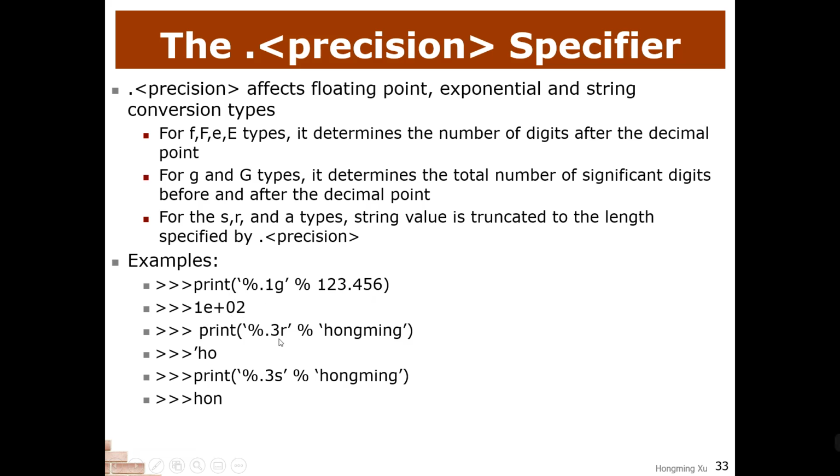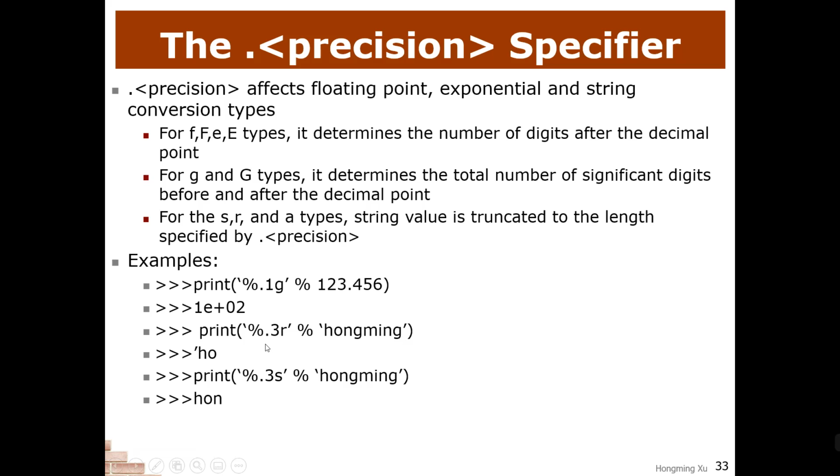And for these two, we want to display strings by using the precision specifier. Basically, R and S are both used with string formatting. But we can see they are different.